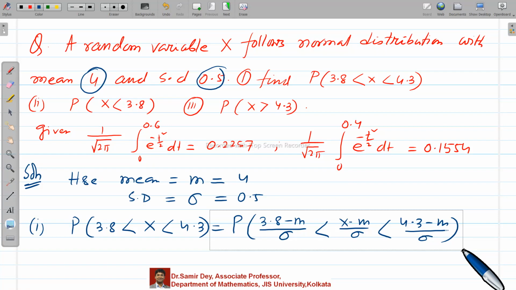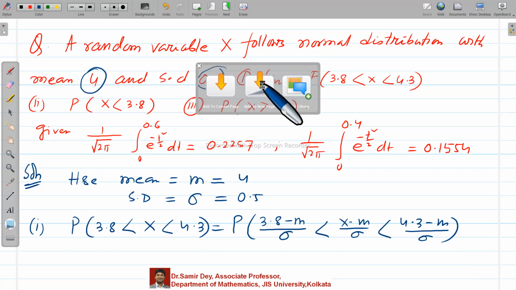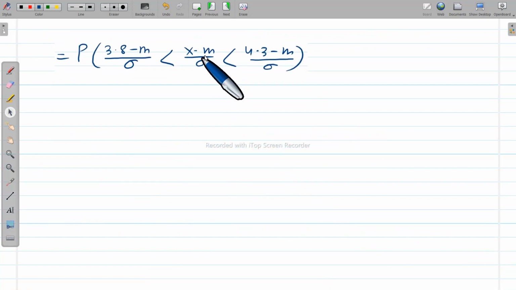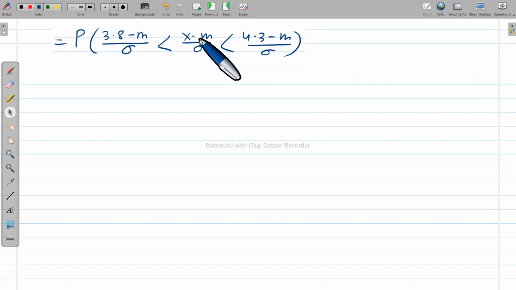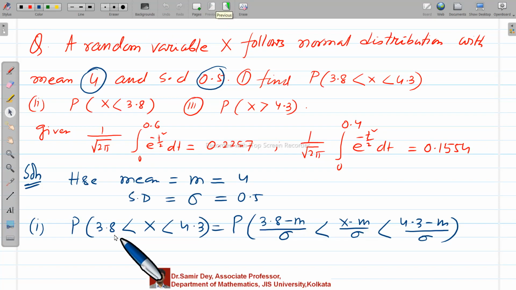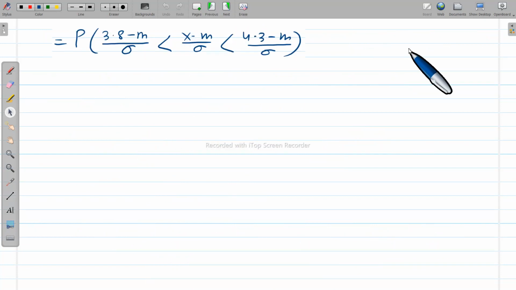Now we are moving to the next slide. Okay, so now is it clear to all of you? Whatever the information you have, according to that you have to replace. Already you know your m value. Your m is equal to 4. What is your sigma? Sigma is equal to 0.5.